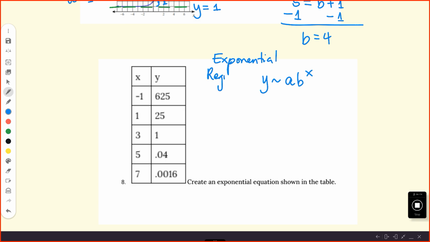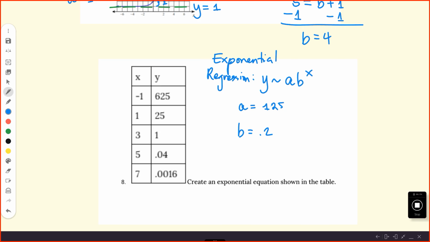Do you want me to do that on the graph, or do you have the answers already? You have the answers already? Can you tell me the A and the B value? Give me the A and B first. What is the A? 125. Okay. And what is the B value? 0.2.